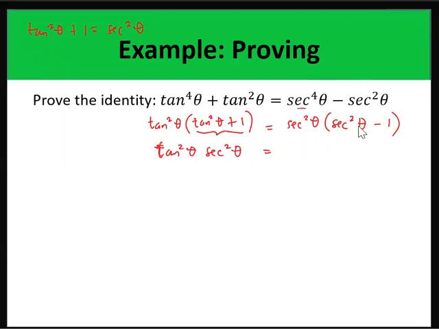For the right side, secant square theta minus 1 can be replaced by tangent square theta, because if we transpose positive 1 to the other side, we get tangent square theta equals secant square theta minus 1. Thus we have secant square theta times tangent square theta. And by the commutative property, this is tangent square theta times secant square theta, or commutativity of multiplication.